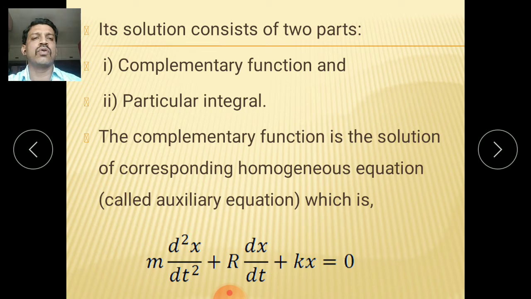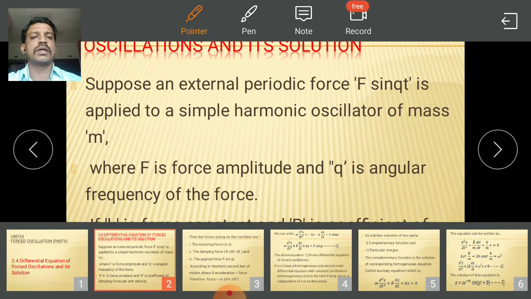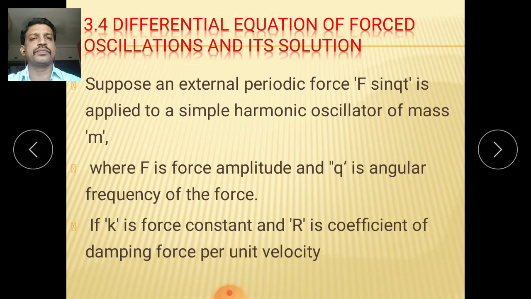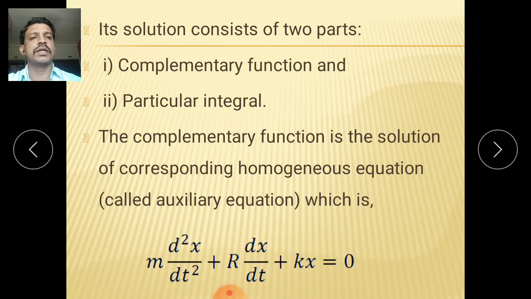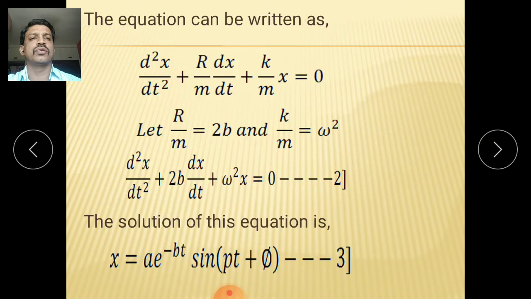This is a homogeneous equation. Why homogeneous? Because here all the terms contain the x quantity. That is m d2x by dt square plus r dx by dt plus kx equal to 0.